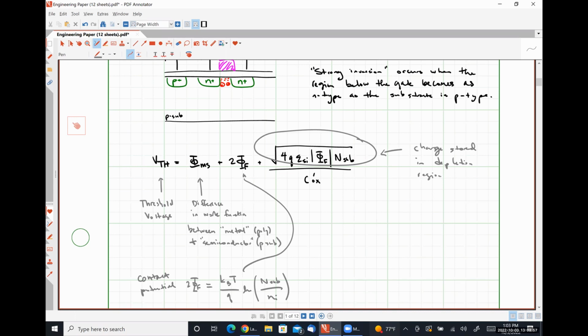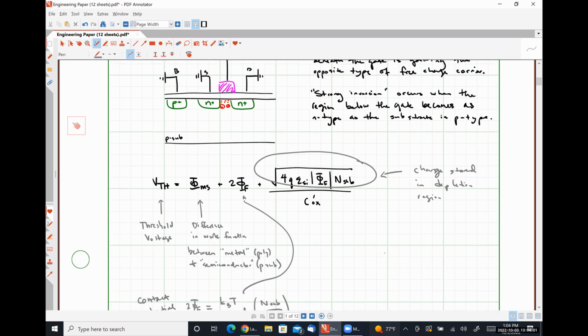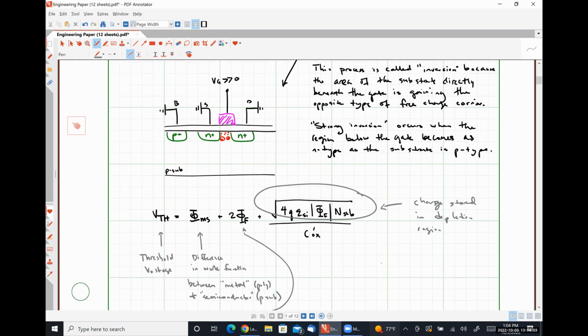So let me ask you guys a simple-ish question here, or I hope it's a simple question. What does it mean if my voltage applied at my gate is greater than or equal to the threshold voltage?